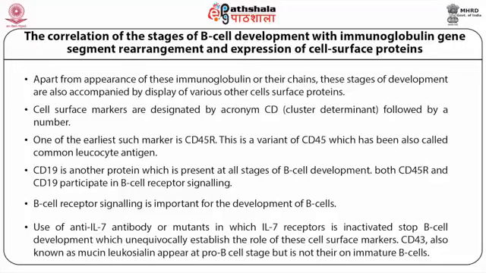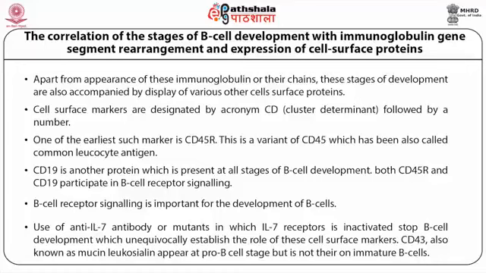CD43, also known as mucin leukosialin, appears at the pro-B cell stage but is not there on immature B cells. CD43 is an adhesion molecule participating in interaction of B cell precursors with other cells. One such important interaction is with the stromal cells.